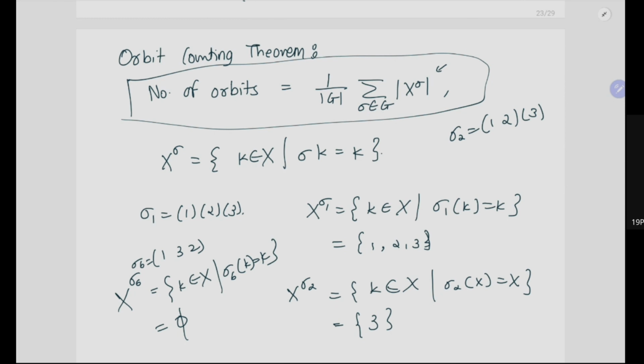I think so. I'm sure. No, I think it is correct. For this sigma, we are checking what are all the elements which are fixed. Okay, now that you have said it, let me just check it.